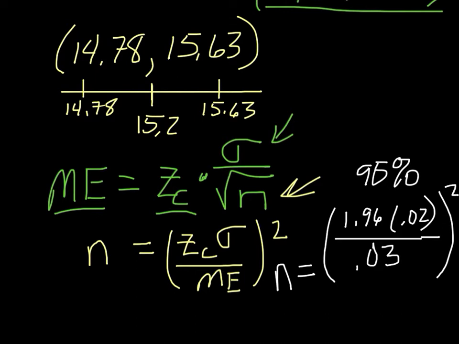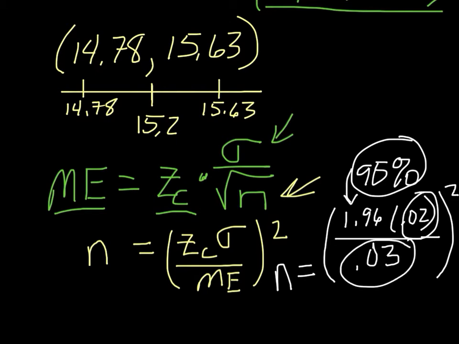And that's it. So in your book, they're going to basically give you the confidence level, a standard deviation, and a margin of error. You just need to find the appropriate critical value, plug those numbers in, multiply and divide, and then square that, and that'll give you the sample size.